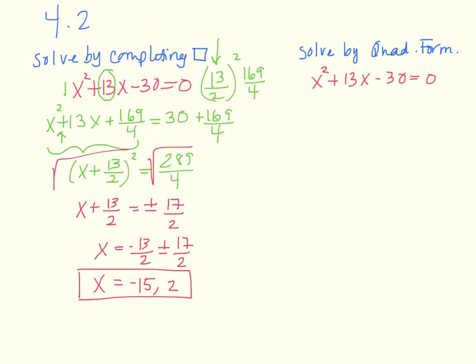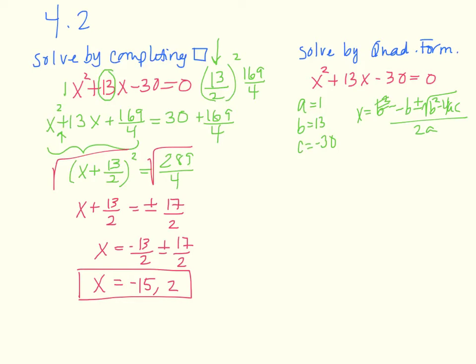Now hopefully when we do the quadratic formula on the same problem, we should get the same thing. So recall in this problem our A is 1, our B is 13, and our C is negative 30. And our formula is negative B plus or minus the square root of B squared minus 4AC all over 2A.